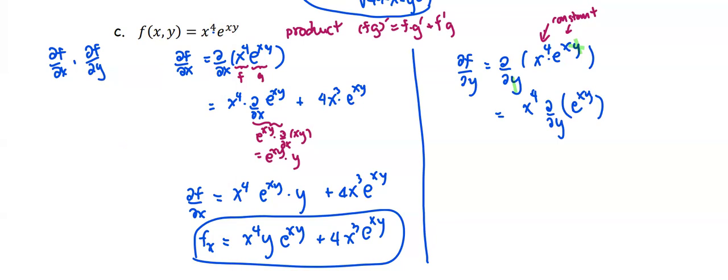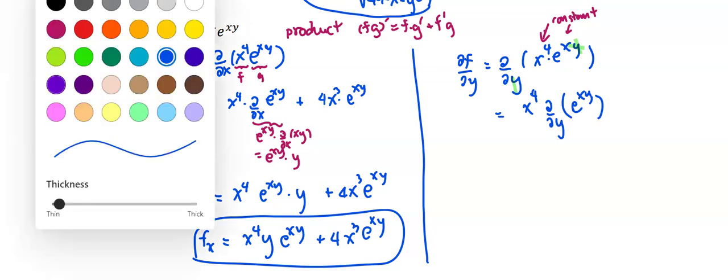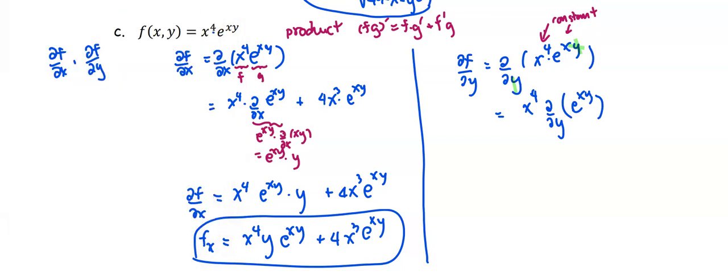For this part we're going to use the chain rule, which is e to the xy multiplied by the partial derivative with respect to y of x times y, or e to the xy times, since we do the derivative with respect to y, x is treated as a constant, so it is multiplied by x.